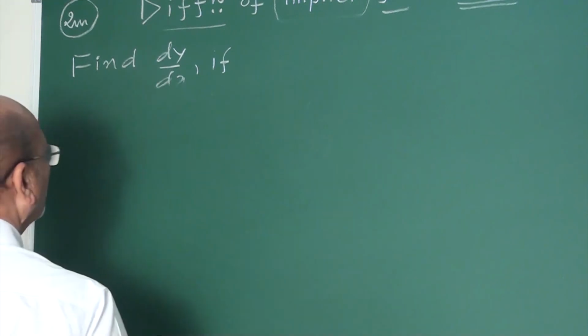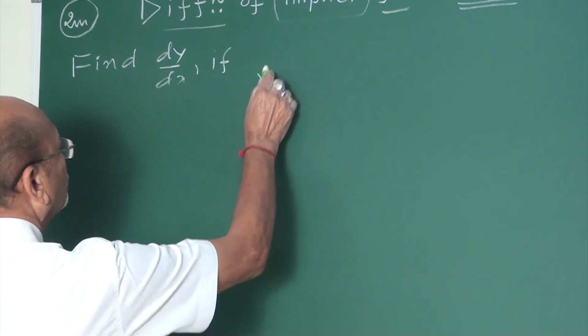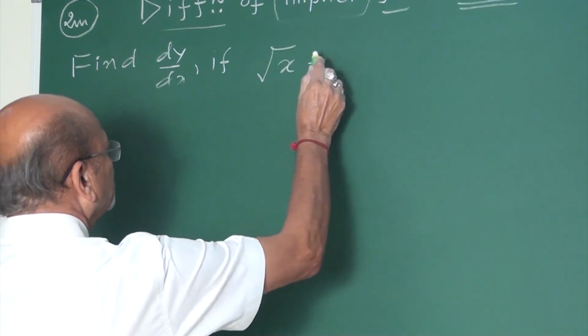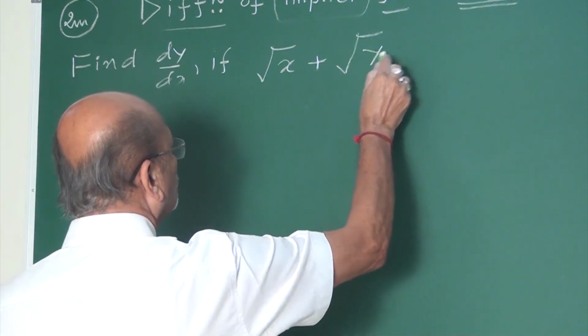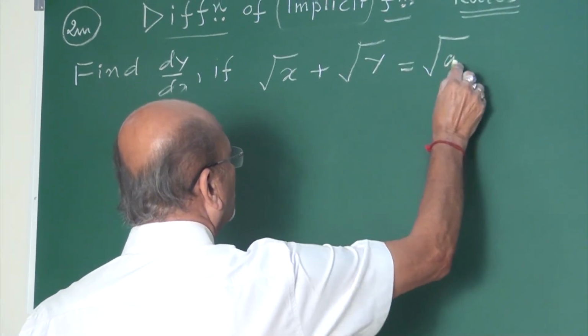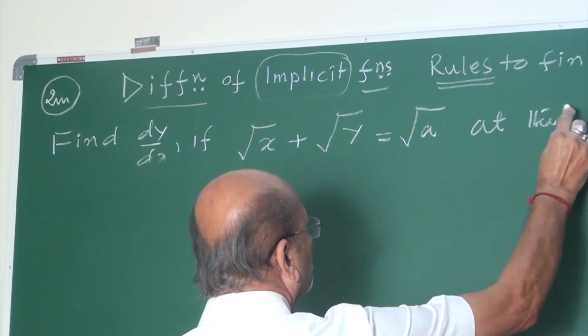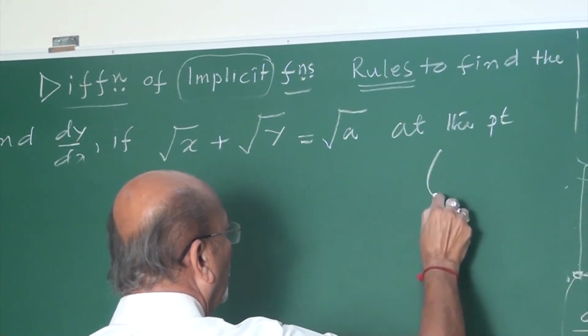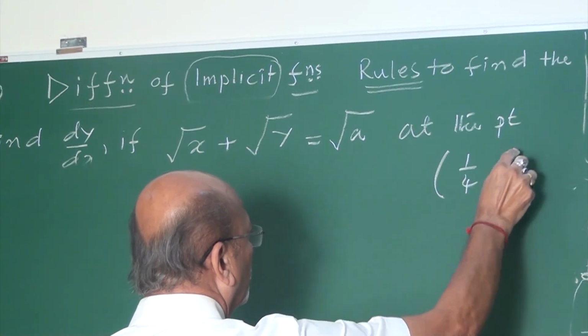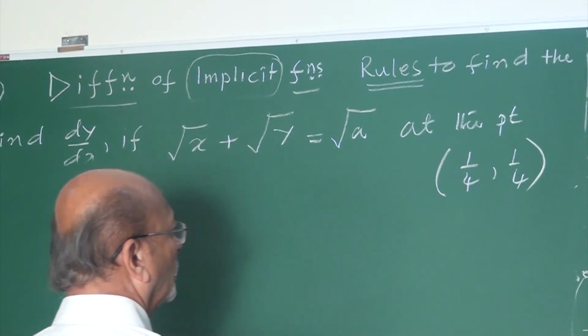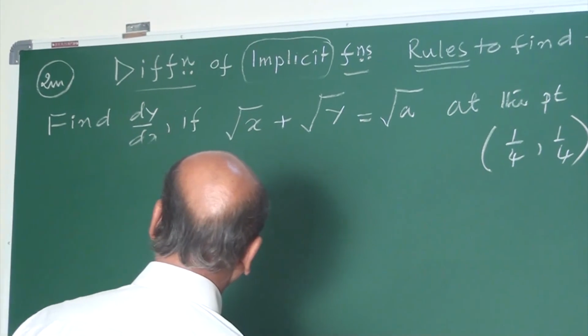Yes. Find dy by dx if root x plus root y equals root a at the point 1 by 4 comma 1 by 4.